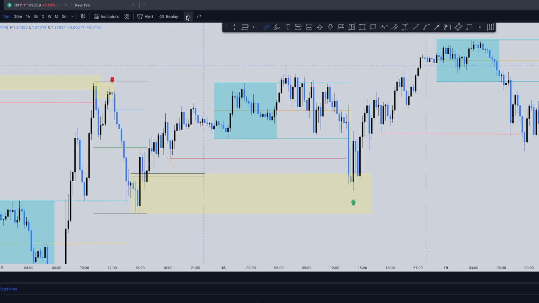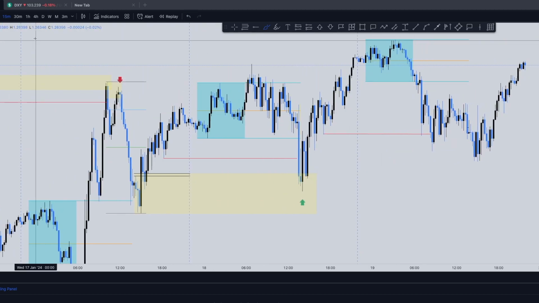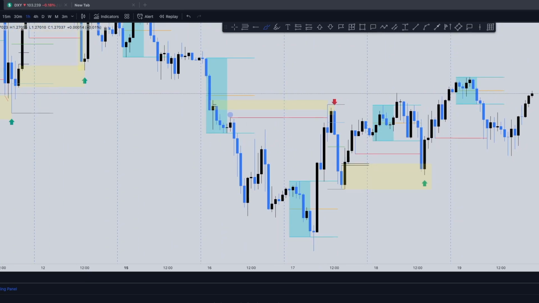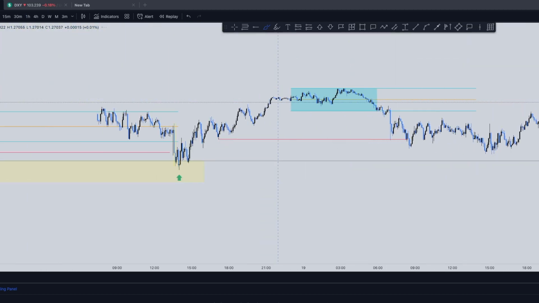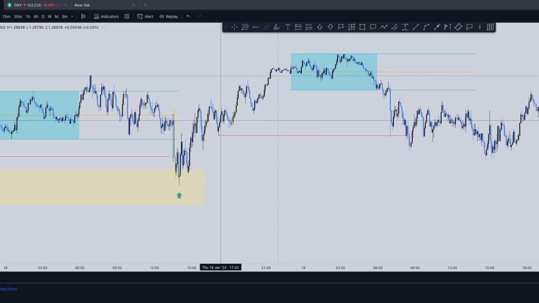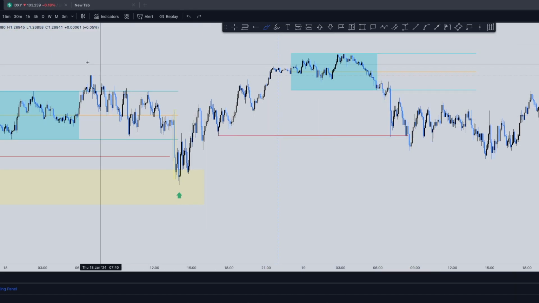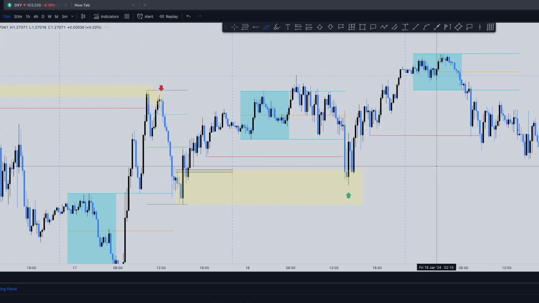Okay, now moving on to the final example, we have this that happened literally on Friday. On Friday's session, we saw that price hunted into an internal range liquidity point, and price is seeking an area of demand which it can tap into.